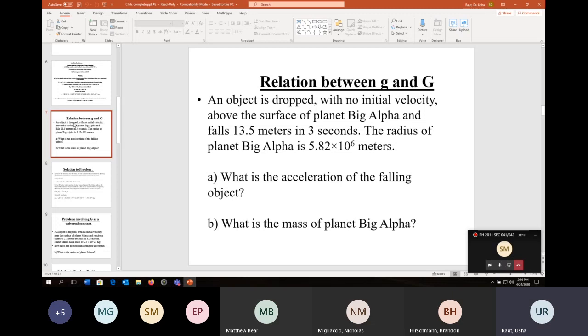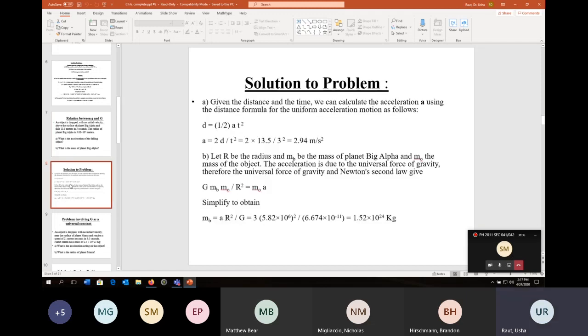When they say it's dropped, it means initial velocity is 0. All those things may not be spelled out, but by now, hopefully you have seen enough of those problems to see how this can be done.